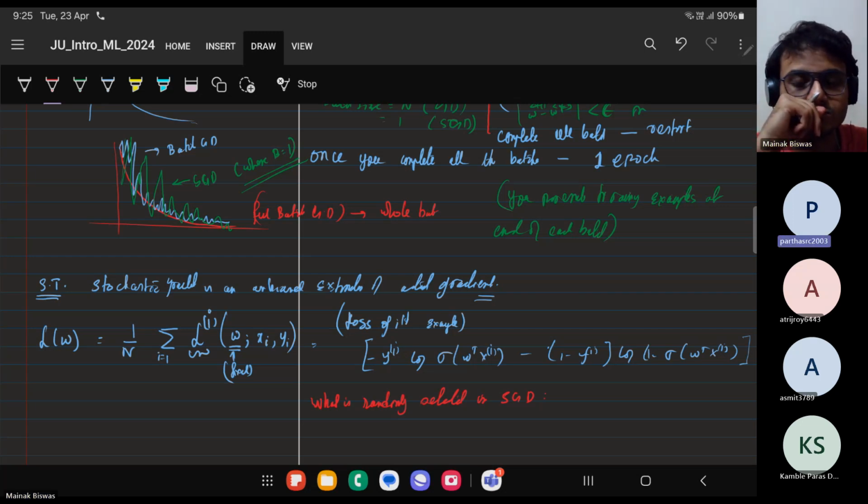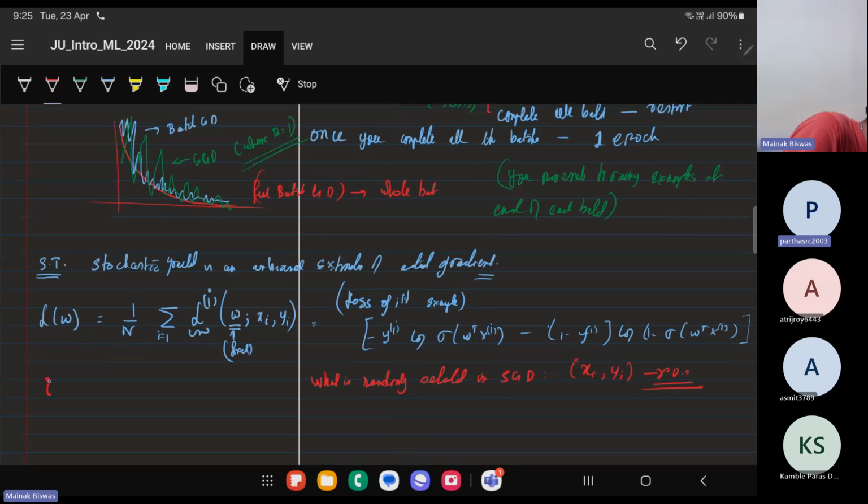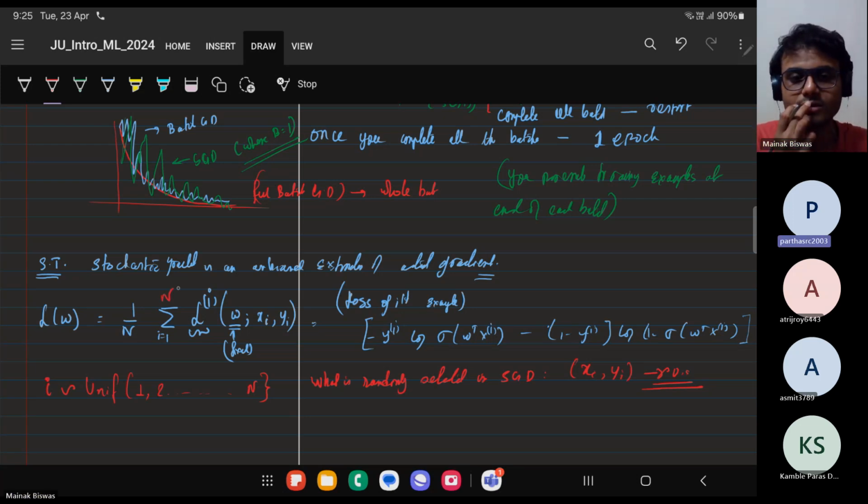The data point (x_i, y_i) is the random variable. Good. That is the data distribution, which is different. But the selection is uniform over 1 to n, so every example has a chance of 1/n of being picked.